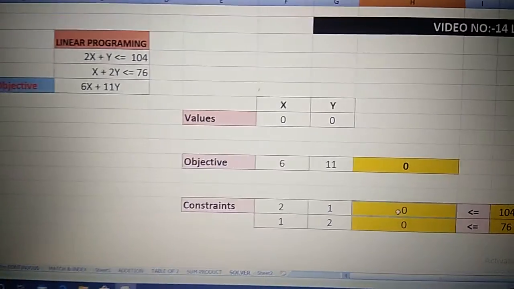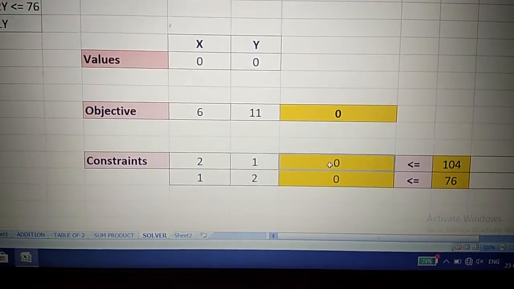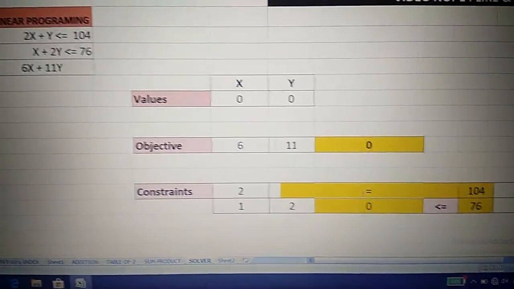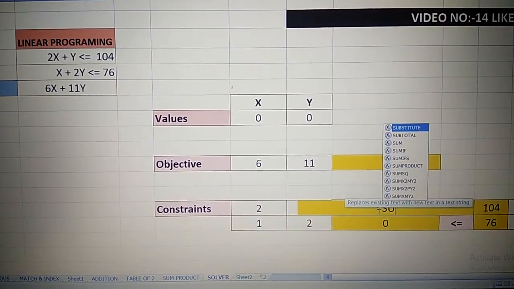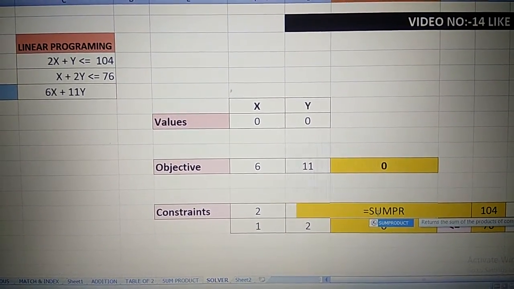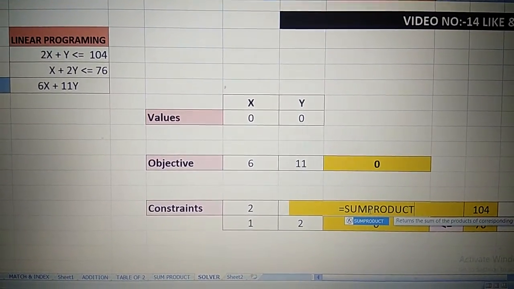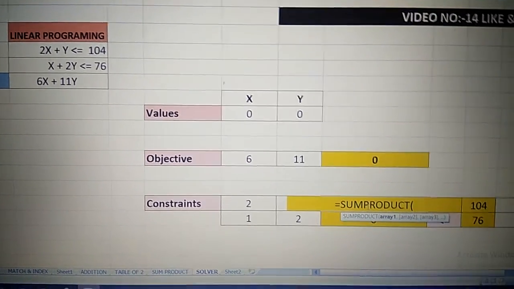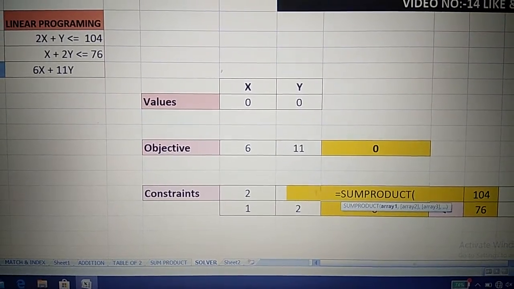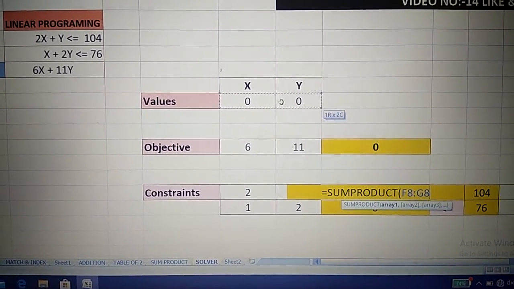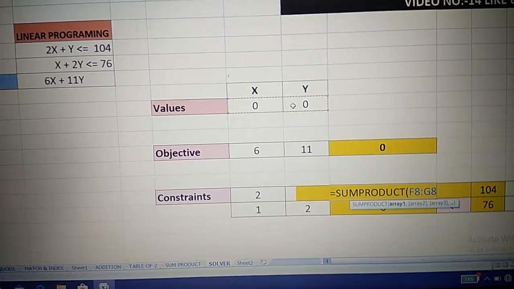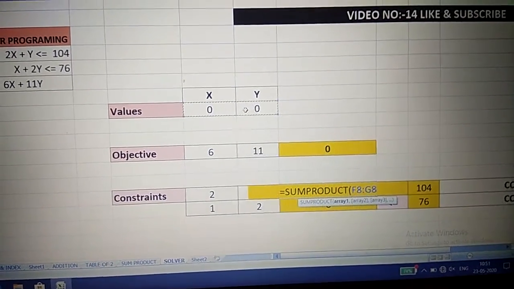Now moving on to this function. Again, this has been derived with the same SUMPRODUCT. Equals SUMPRODUCT, bracket open. Now this needs to multiply the values of x and y. These x and y, freeze them with function F4.